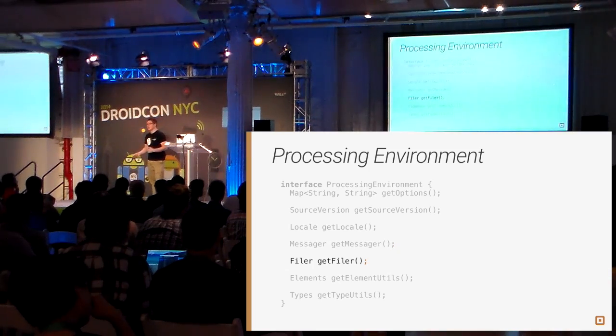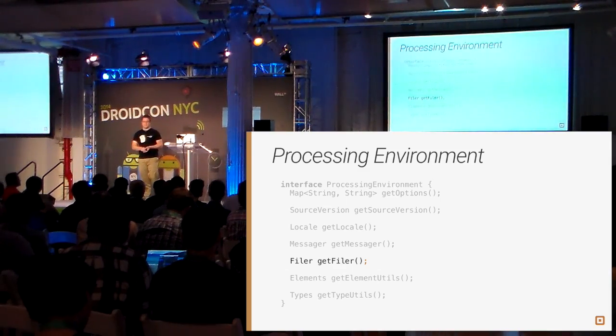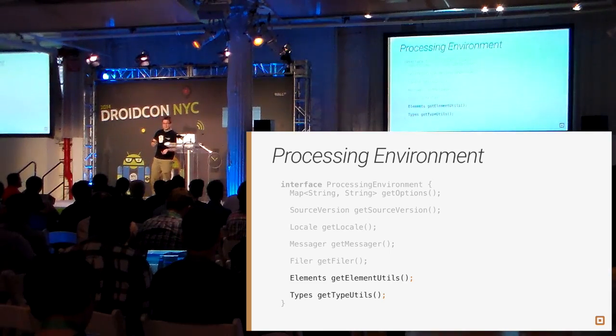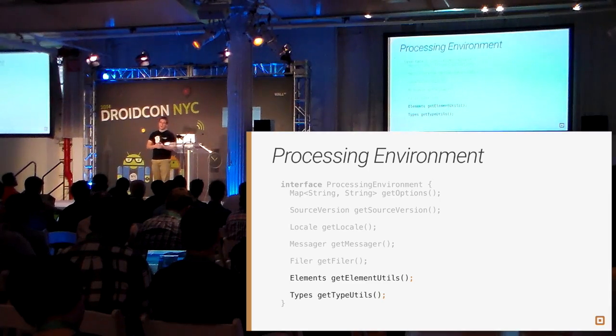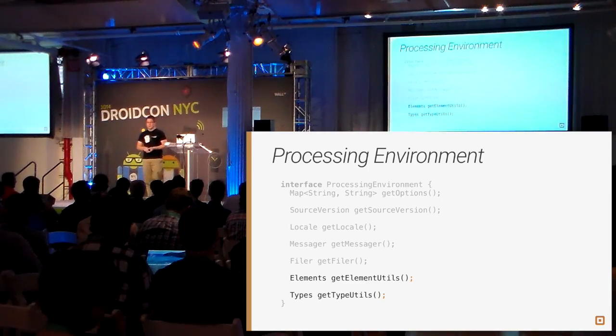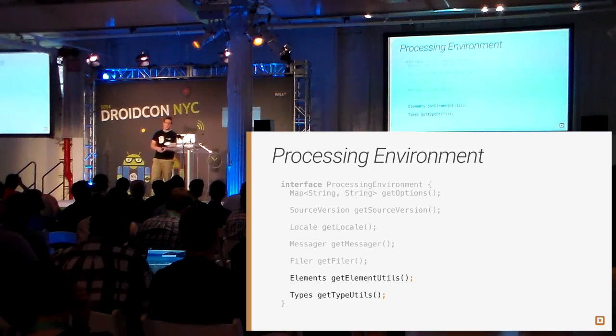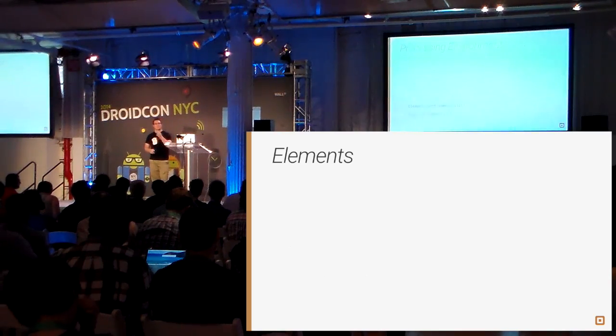We have something called a Filer. This is the way through which you access the file system for generating code or any other resource. And then we have these last two, which are two halves of the same pie, Elements and Types. These are helper classes which we're going to heavily lean on.